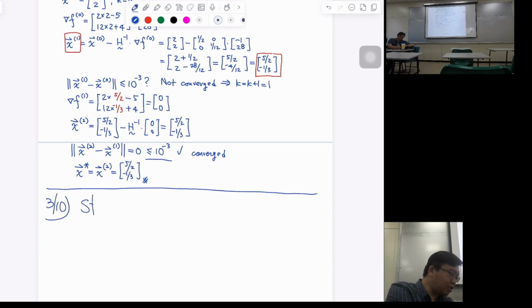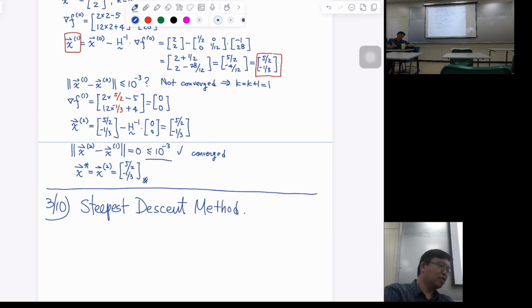So this method is called the steepest descent method. Descent means going down. When you are trying to go down in order to find the minimum point, let's go toward a certain direction which goes down the fastest. But maybe not the fastest, because no one can guarantee that.